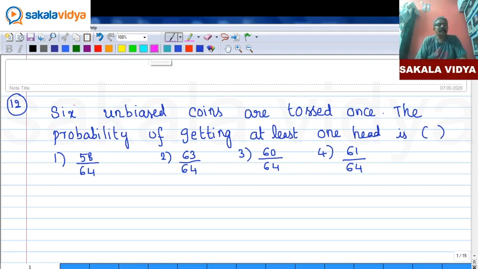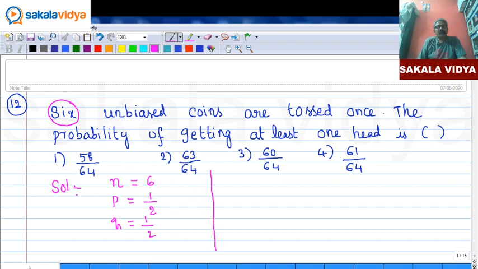Here 6 unbiased coins tossed, that means n is equal to 6. So P is equal to probability of getting head 1/2, Q is equal to probability of getting tail 1/2. What we need to find out is the probability of getting at least one head, P of x greater than or equal to 1. This equals 1 minus P of x equal to 0, the probability of getting no head.